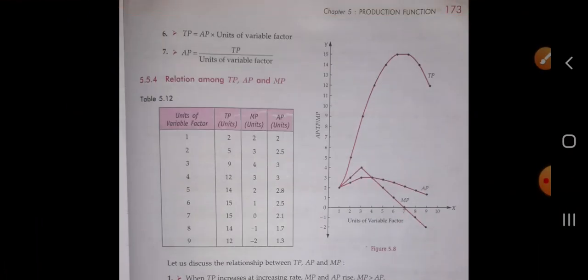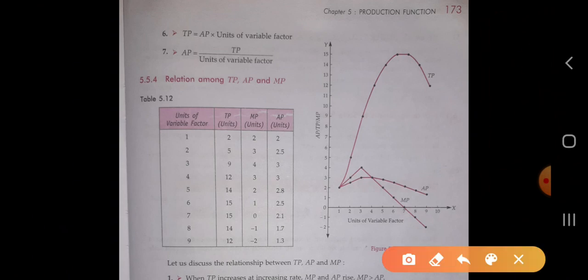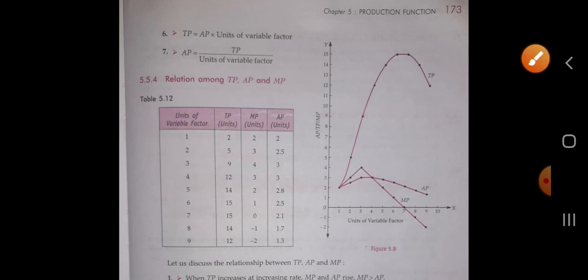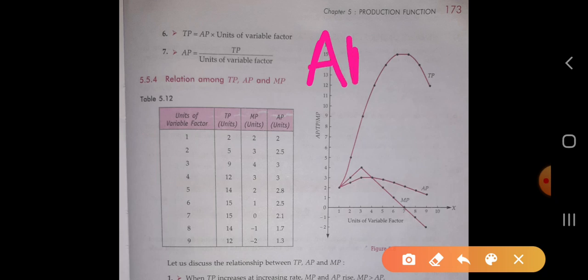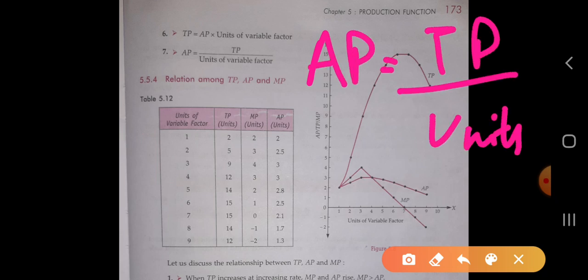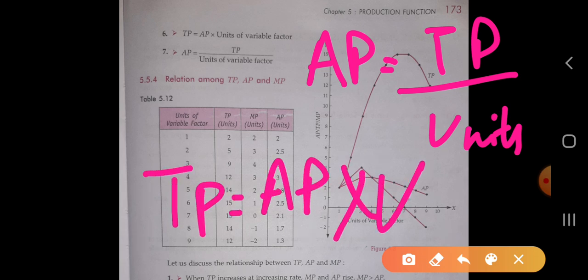TP equals AP into units of the variable factor. Whenever we have to calculate the value of TP, we can calculate it this way. AP equals TP upon unit, so we can also calculate TP equals AP into unit. Both are the same.